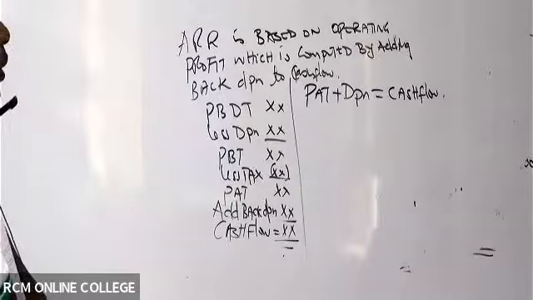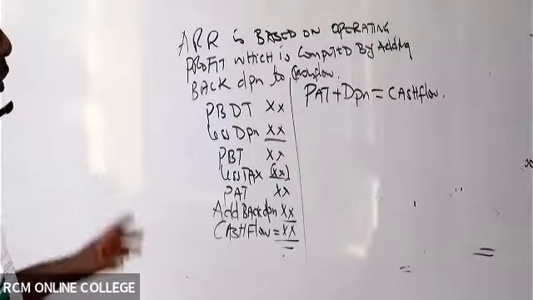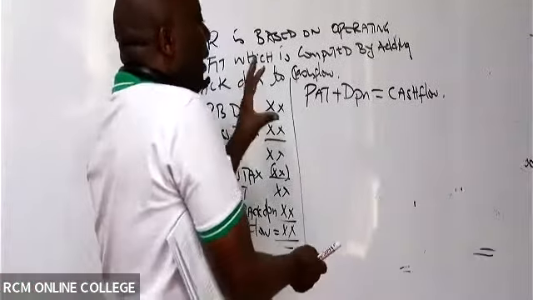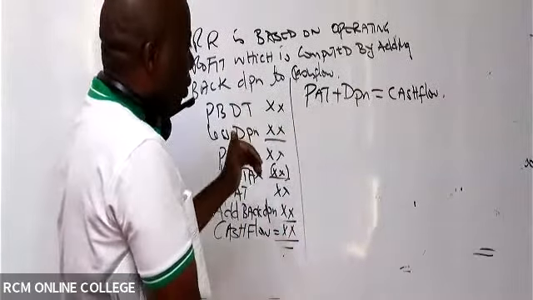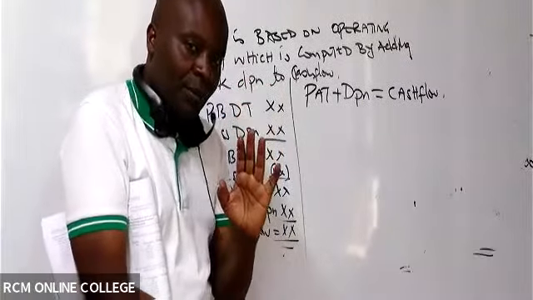So accounting rate of return is based on operating profit, which is computed by adding back depreciation to cash flow. That is not correct. Because when you are given cash flow here, it automatically means that they took profits and added back depreciation.